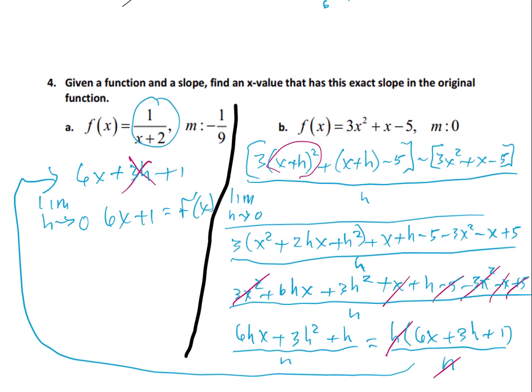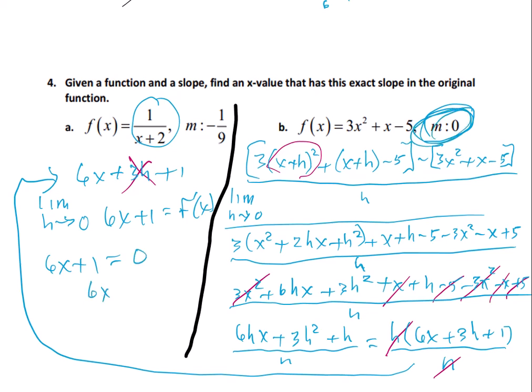Okay, now then, notice they're giving us the desired slope is 0. So I'll take our derivative, which is the slope of the tangent line at that point, and I'll say 6x plus 1, our derivative, equals 0 that they gave us.